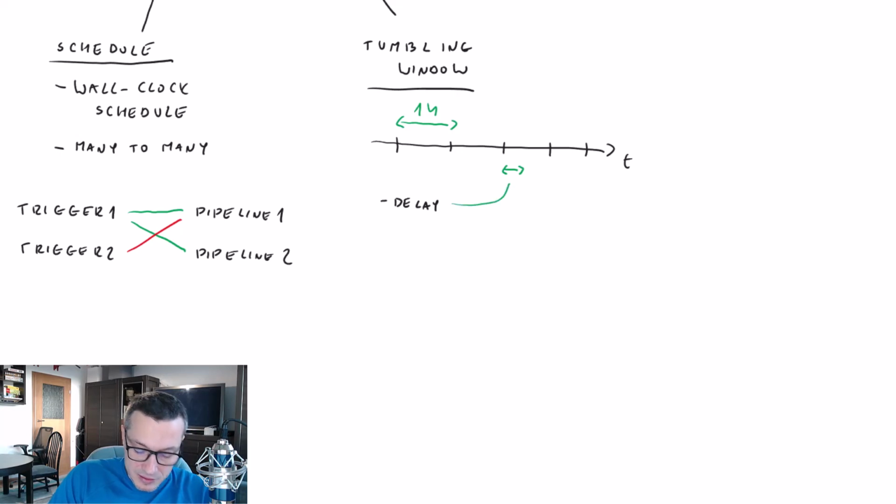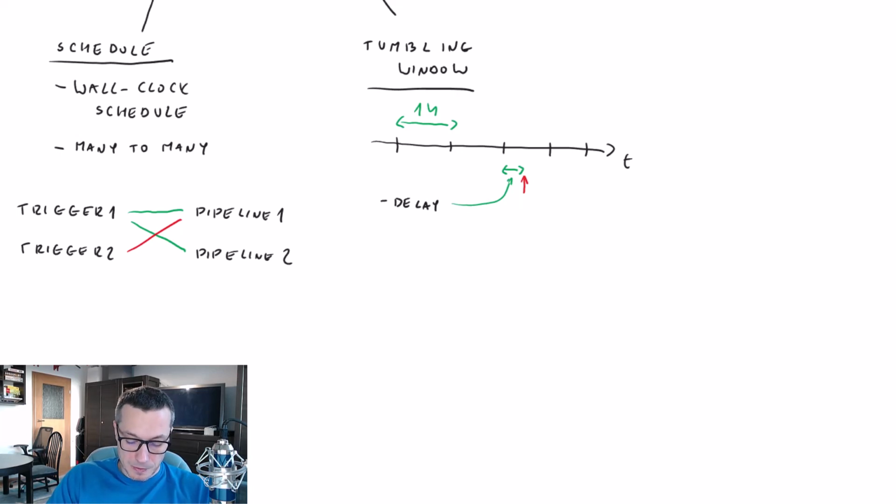So basically, we tell Data Factory, dear Data Factory, I want to execute my pipeline every hour, but please wait for 5 minutes or 2 minutes or so before you start executing it, because we know that our data source needs those few additional minutes to persist the data we want to read. So it means that our trigger and our pipeline will execute after this delay. So that's how it works.